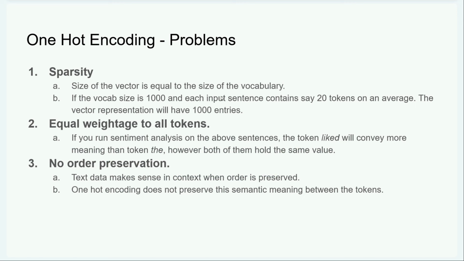Because when you represent this in your systems, it would take up a lot of space. Think of this as an array of length 1000, and out of those 1000, you're only using 20 indexes. And this is for one sentence. If you have 10 sentences, the array size becomes 1000 times 10. And in production, you will have around 20,000, 30,000 sentences. So again, that big of an array.